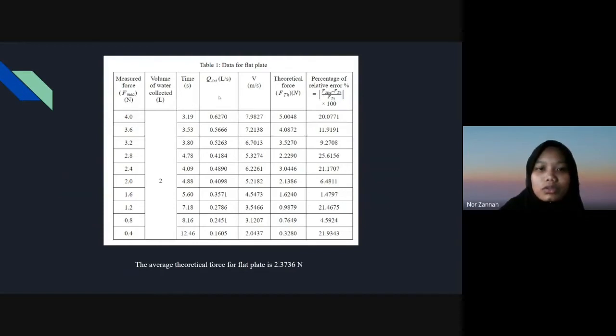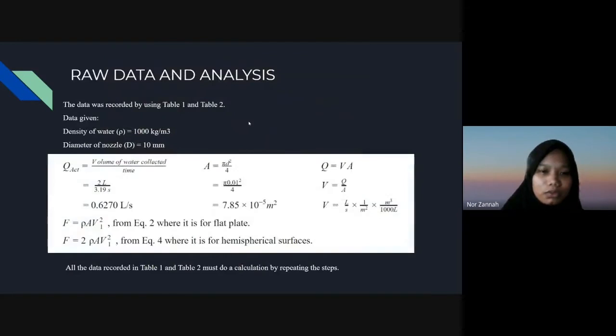To calculate these values, we need to do these steps. The formula for Q actual is the volume of water collected divided by time. Then this is the example, and we need the area, so pi d squared over 4, and we also need to calculate V. We know the value of Q equals V times A, so we can get V from that formula.